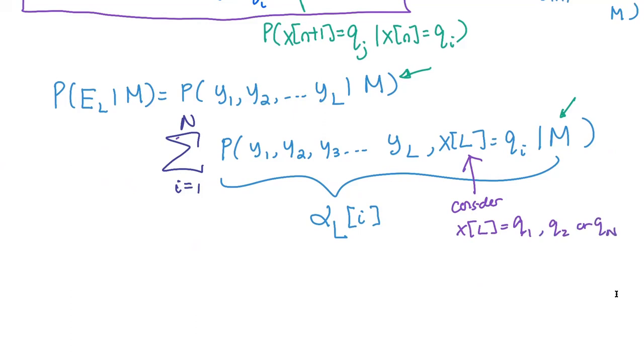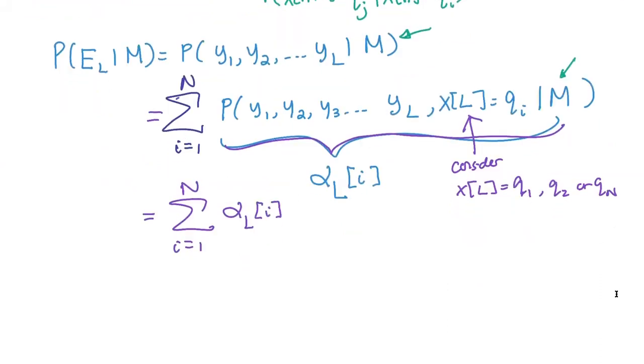Once I marginalize out XL, I have my likelihood. Again, because of notation, this is the forward variable. And so at the end, you get your likelihood.